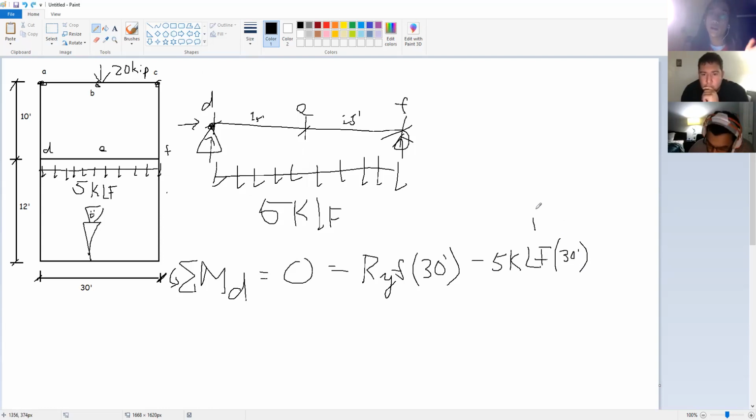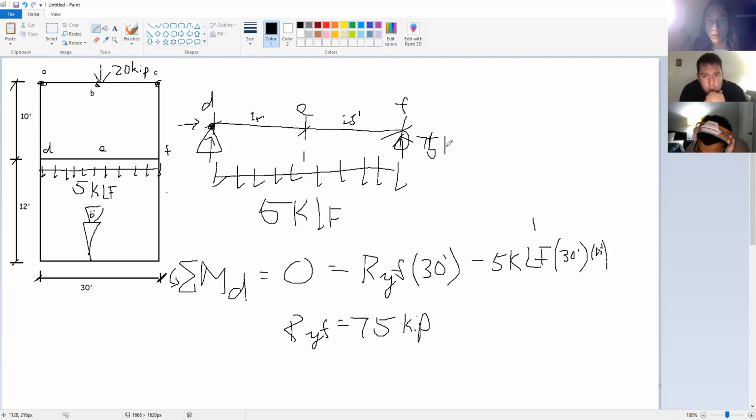How far is it away from D? You just take the average, the middle right there, so it's 15 feet. 30 times 15 feet. So RYF is equal to 75 kips going up.